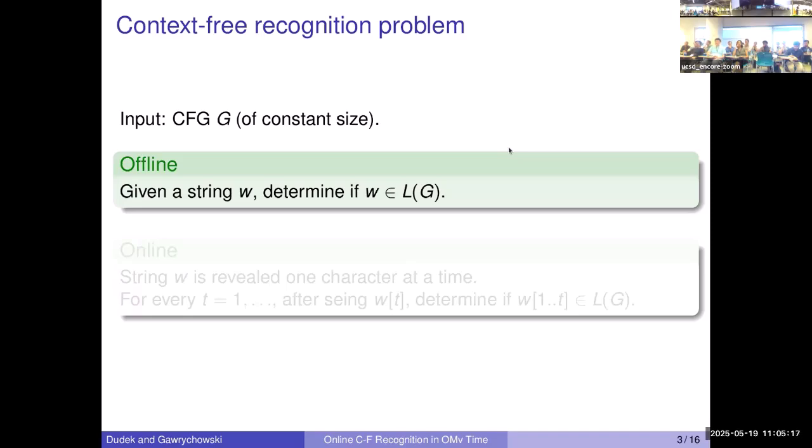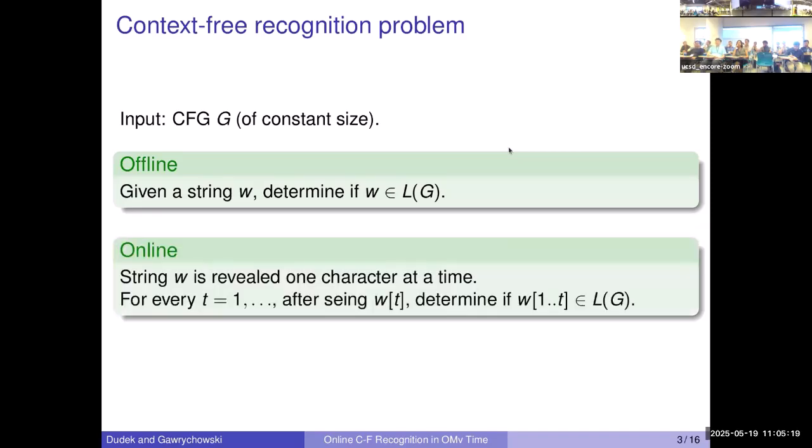But we'll actually consider the online setting, in which the string is revealed one character at a time. After seeing every character, we need to say if the prefix of the string up to this position already belongs to the language or not. So we have n bits of output.